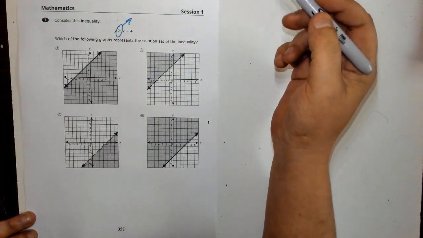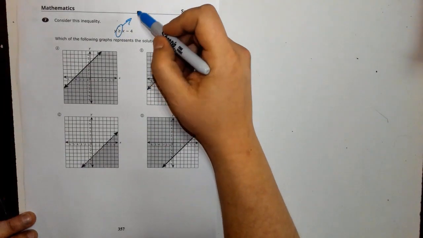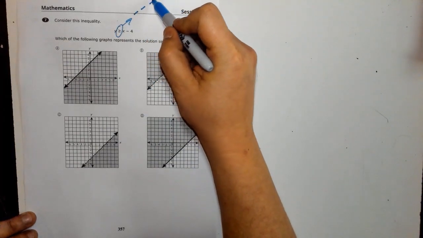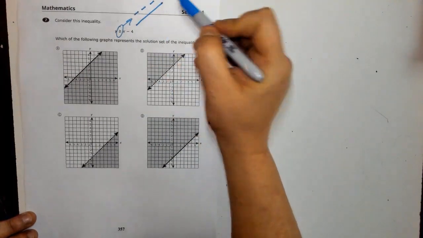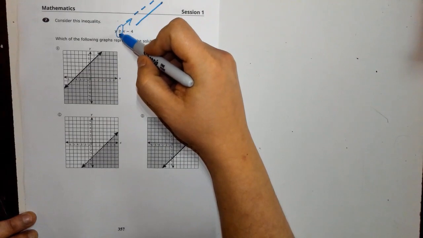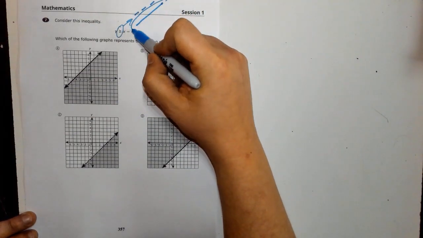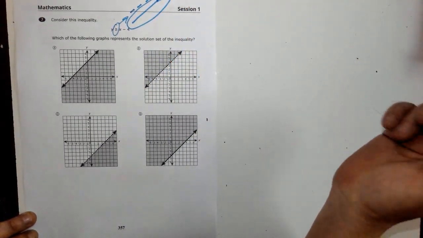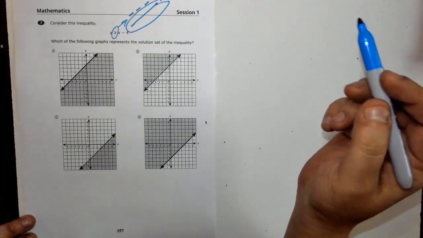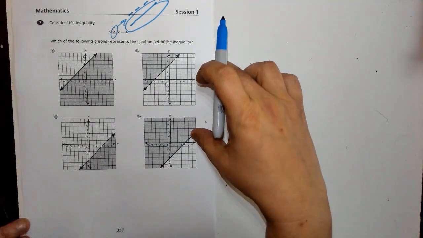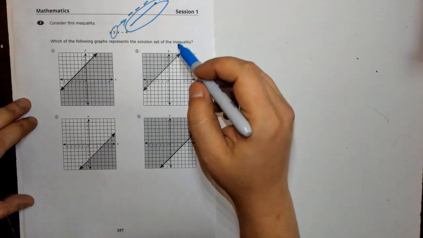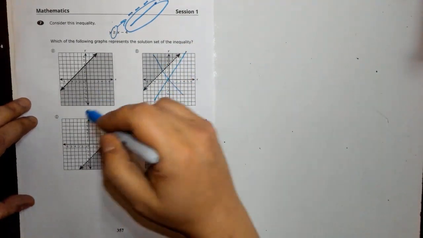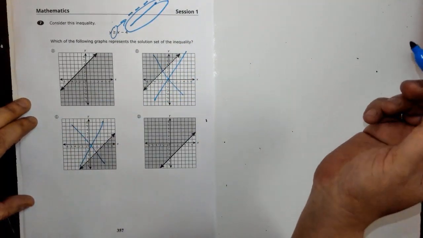It tells me whether my line is going to be dashed or solid. Because this has an equal, it's going to be a solid line. So I'm going to eliminate all the answers that do not have a solid line.